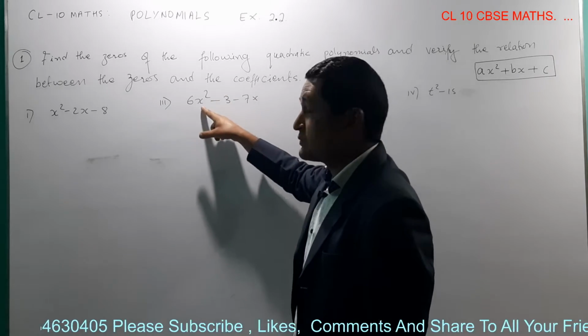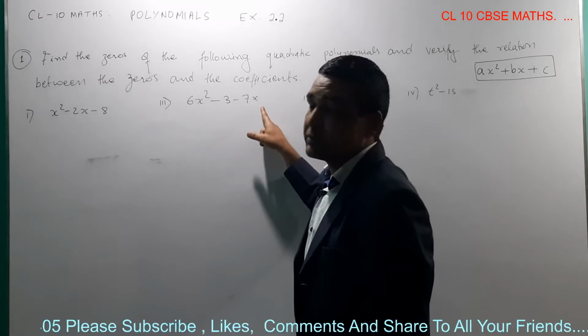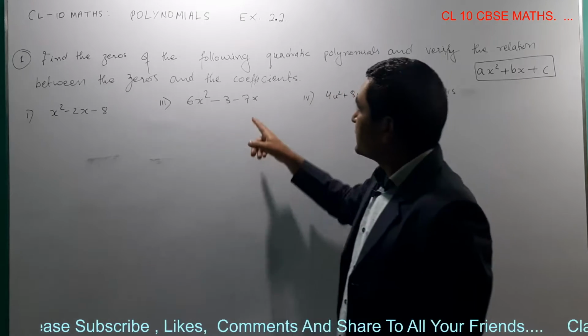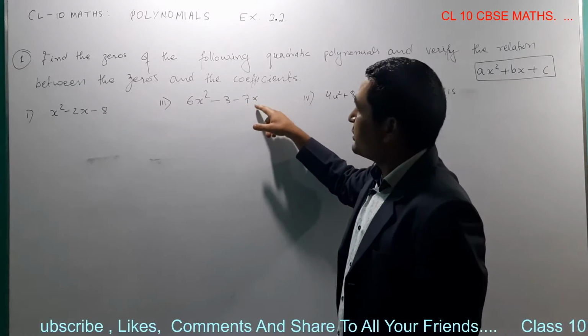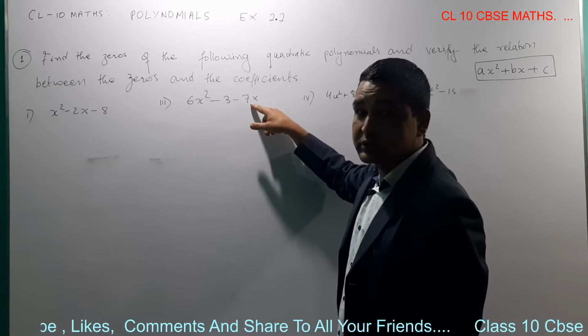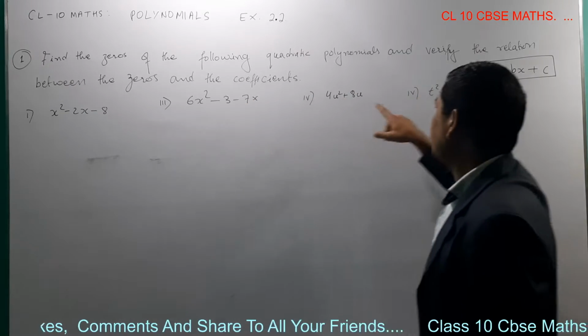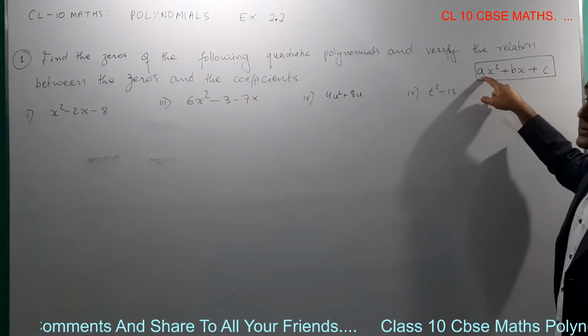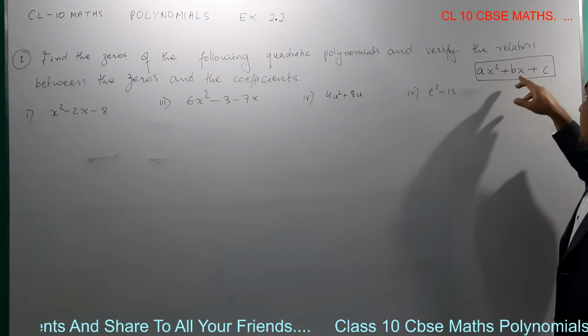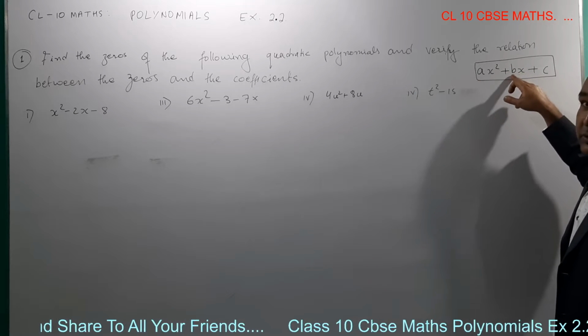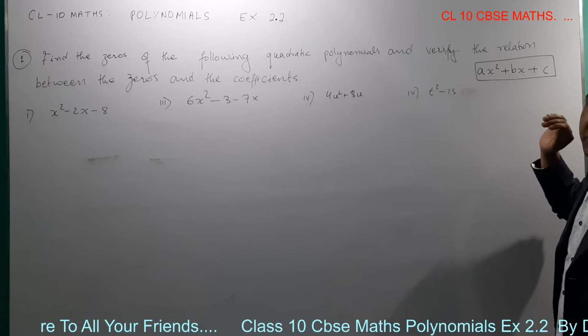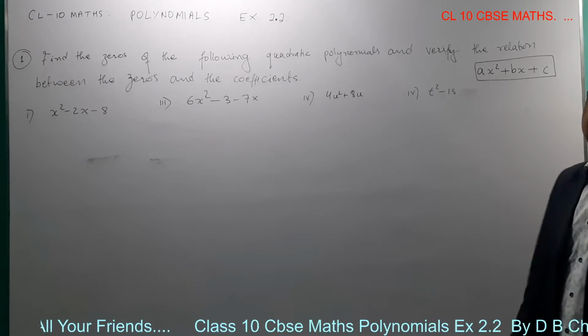X square is always first and the constant is always last. Remember, the variable term, this 7x, is always in the middle. Just look here: the square term is in front of all the terms, the single x variable is in between, then last is the constant term. Remember, this is the pattern of the equation.